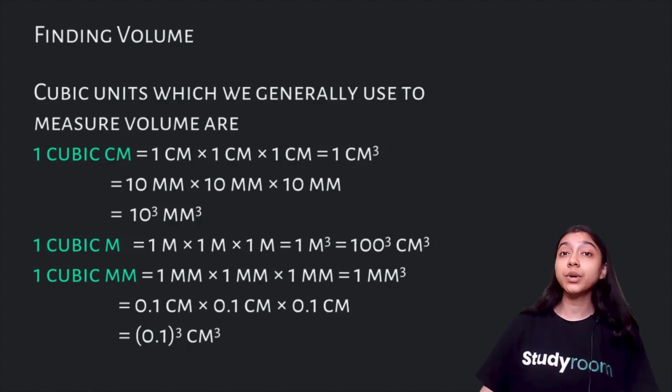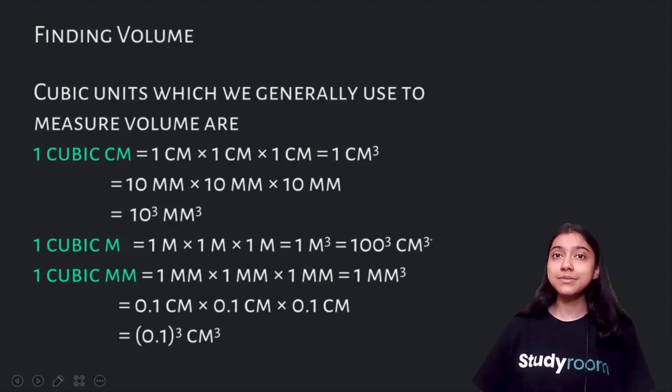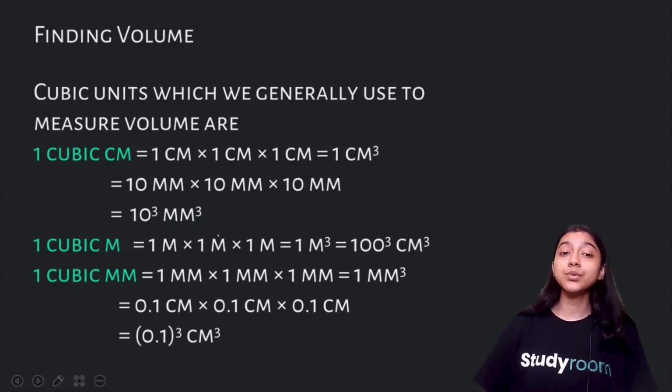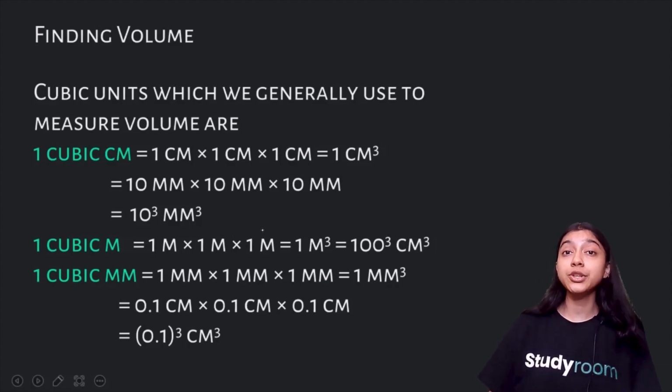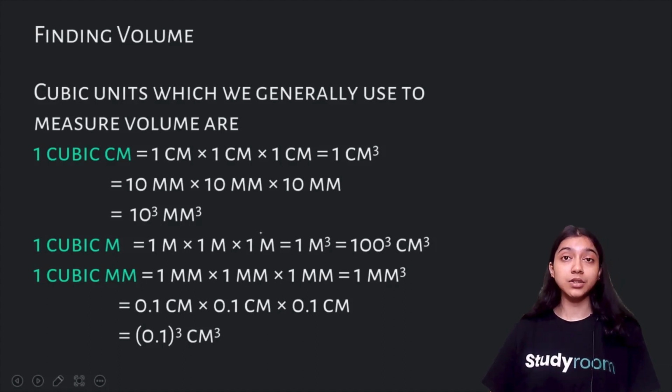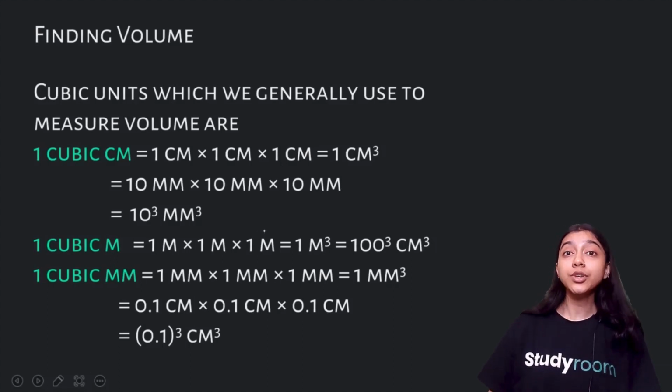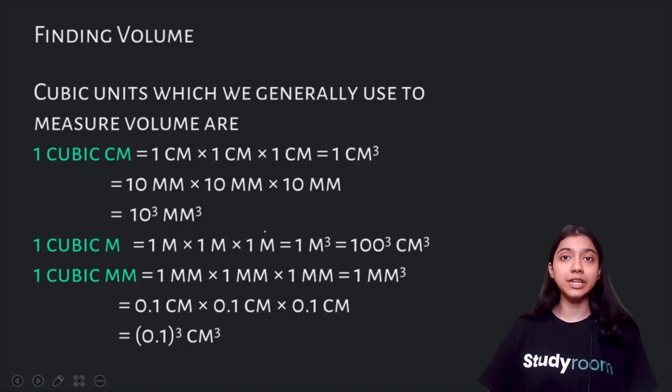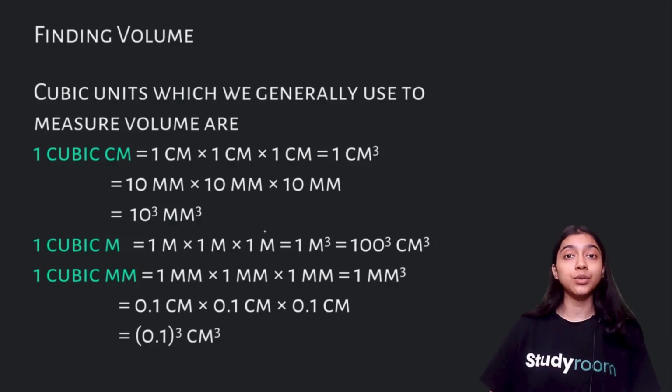So, I'll be writing 1 centimeter as 10 millimeter multiplied by 10 millimeter multiplied by 10 millimeter, which ultimately gives us 1000 millimeter cube. That can also be written as 10 to the power 3 in standard form. So we can say that 1 centimeter cube is equal to 10 to the power 3 or 1000 millimeter cube. So this is a commonly used measurement for finding out the volume.